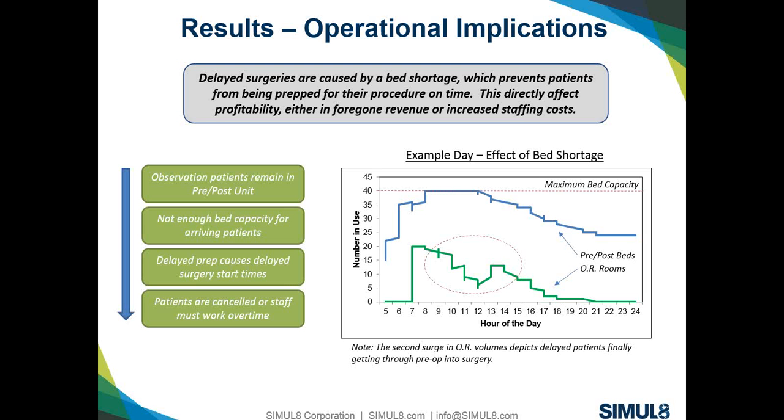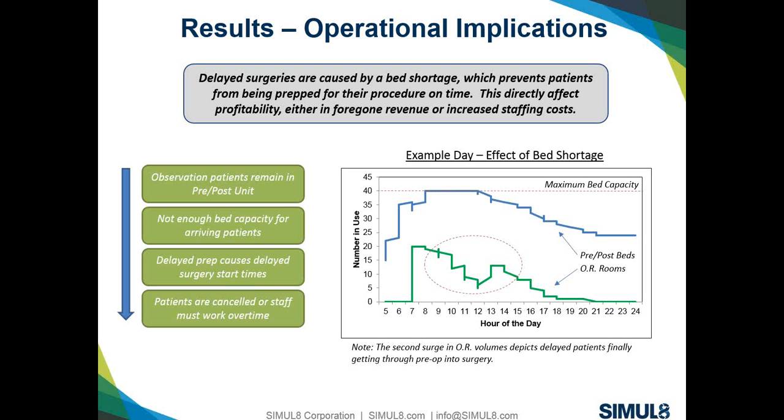Okay, and these pre-surgery and post-surgery recovery beds are all the same. Okay, so they're built to be flexible, so you could switch back and forth. And we know that we have 40 beds for both of those, both prep and for recovery.